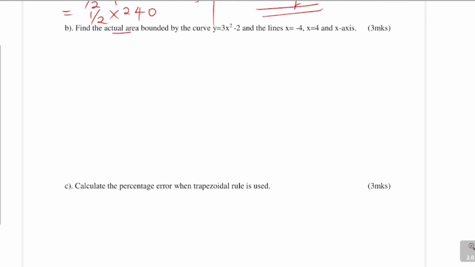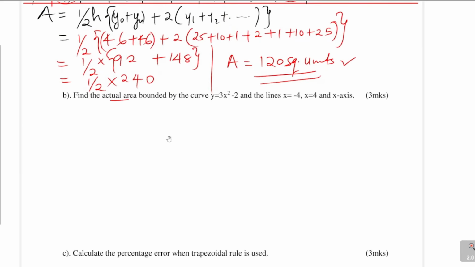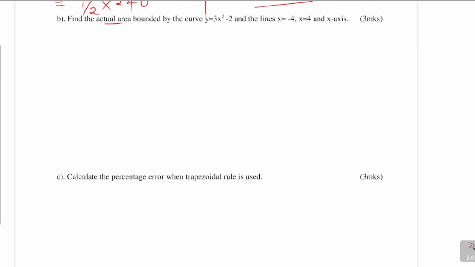We are going to be guided by the values you filled in. If you want to know where this curve cuts the x-axis, the curve is y equals 3x squared minus 2. You can simply equate y to 0, so that 0 equals 3x squared minus 2.